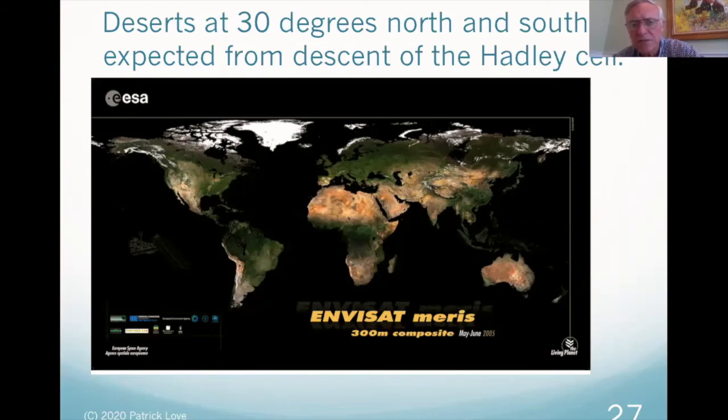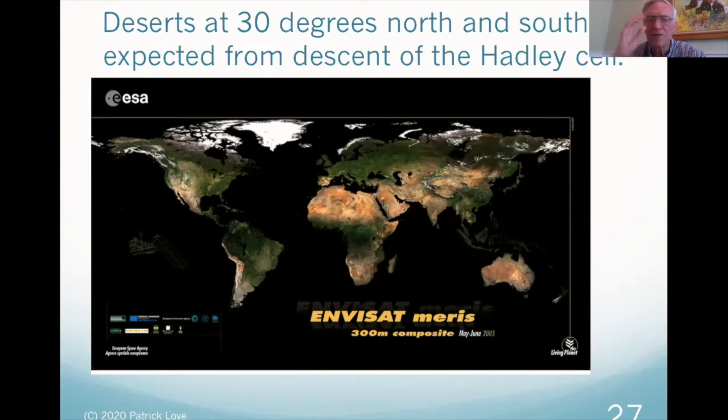And at 30 degrees south, Australia is basically at 30 degrees south. The Sahara is 30 degrees north. Some of it's the equator. You can see the equator is kind of the green space in Brazil and at the bottom edge of the desert in Africa, right? And so you see deserts at 30 degrees north.